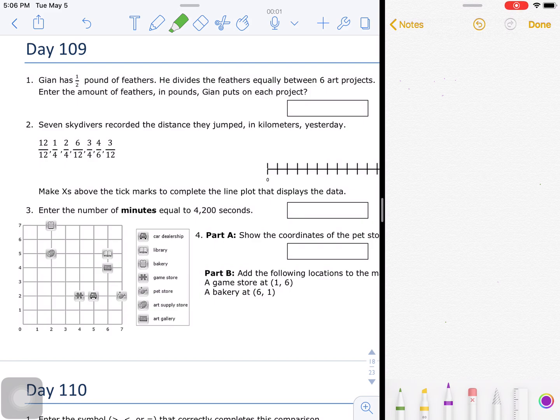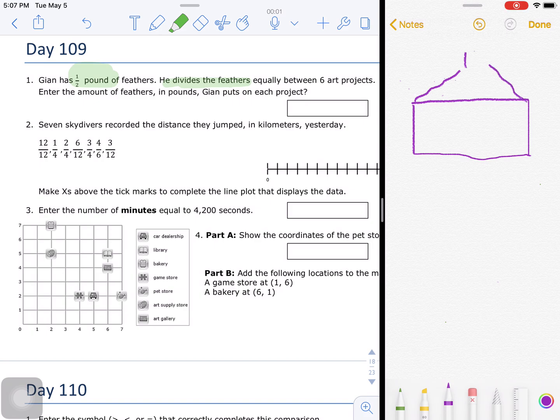So the first thing that we see here is that he's dividing feathers. Okay? And over here it tells us how many feathers he's dividing up. So what I'm going to do is I'm going to draw a tape diagram that represents this situation.